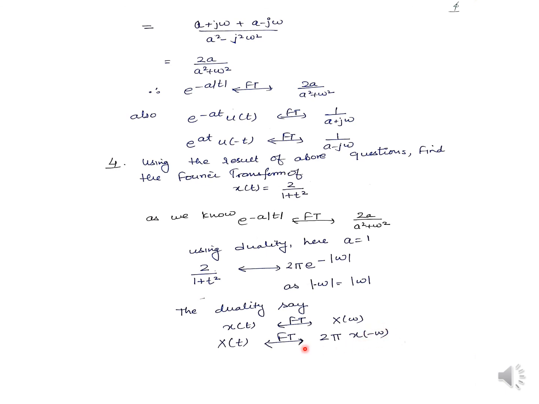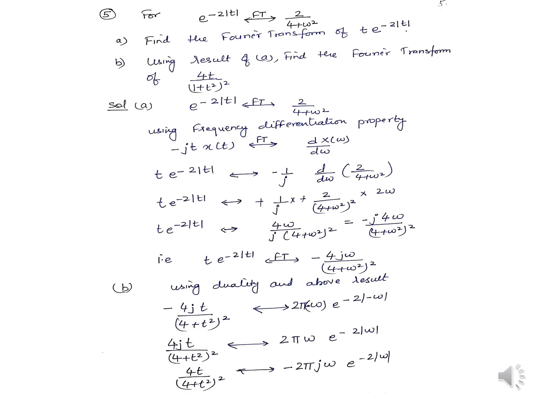Alright, so here it's 2 upon 1 plus t square, 2 pi e raised to the power, it's 1 a, and mod of t, whether it's minus omega or plus omega, it's the same. So this is the Fourier transform of this: 2 pi e raised to the power minus mod omega.